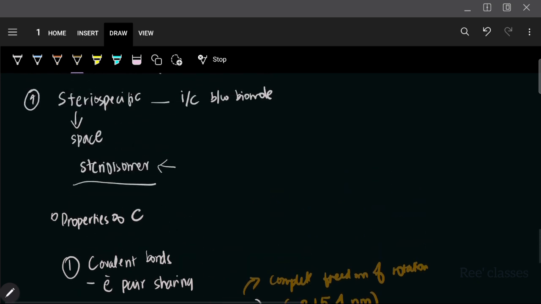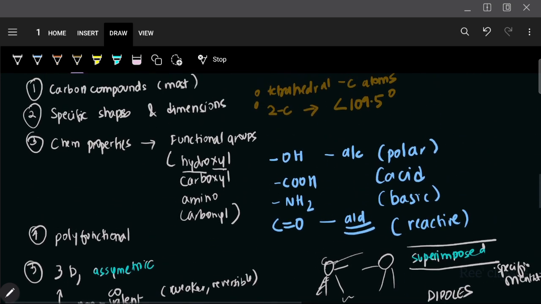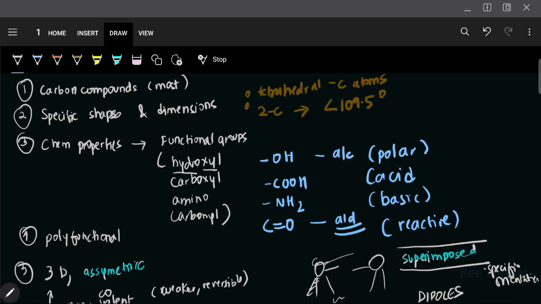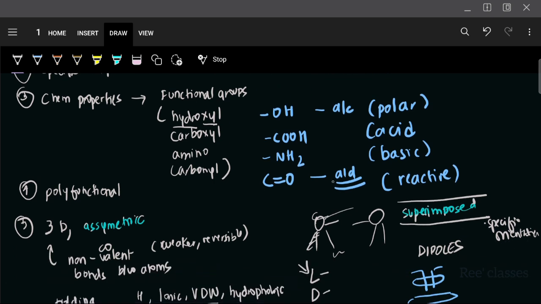Okay, and we've already talked about the functional groups here, right? We may have missed aldehyde group is CHO. We also have thiol group, which is SH.